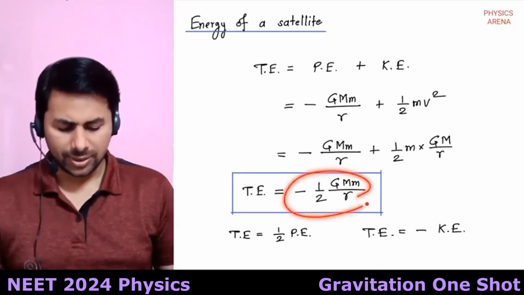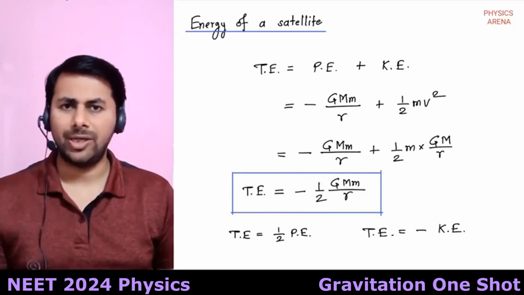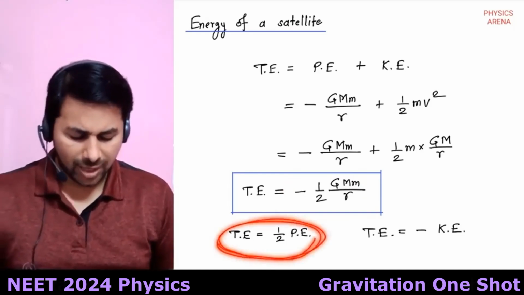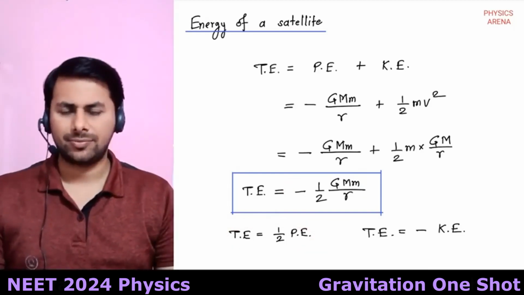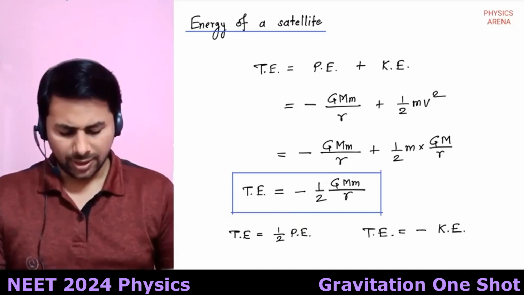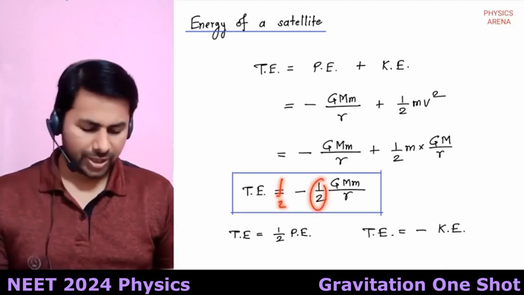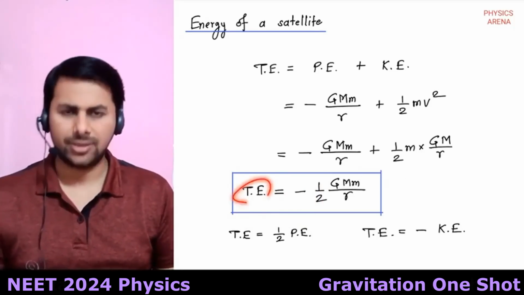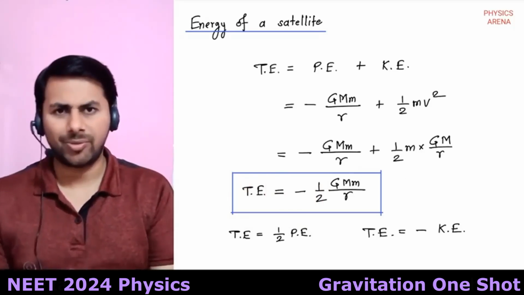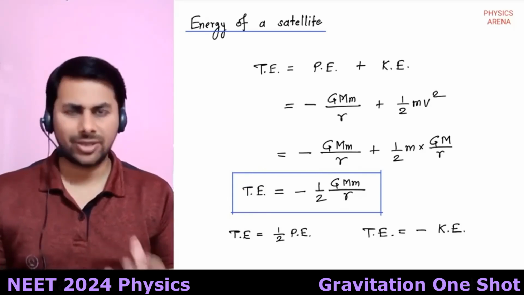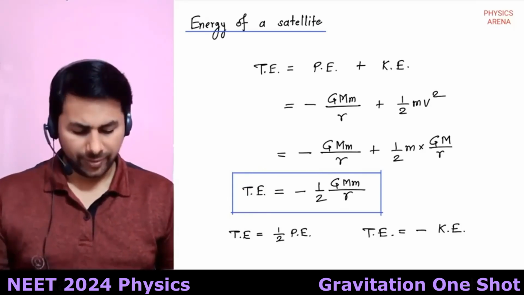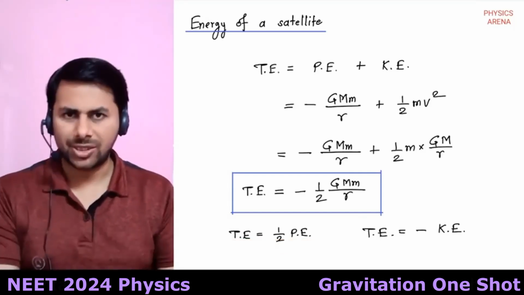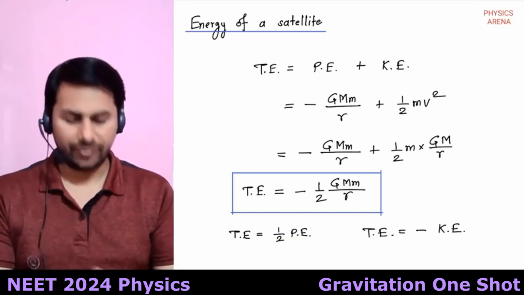Then this total energy is equal to half of potential energy. Potential energy is minus GMm upon r, and total energy is minus half of GMm upon r. So it is half of potential energy.